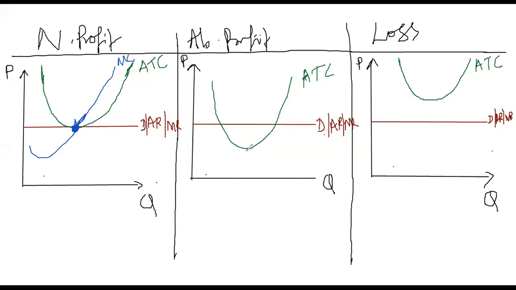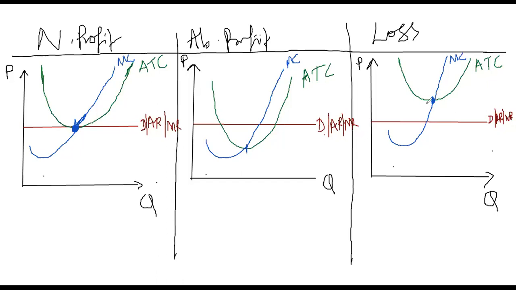Then this is the lowest of ATC in the abnormal profit. So this is MC. Here the lowest of ATC is this, so then I should draw the MC like this.